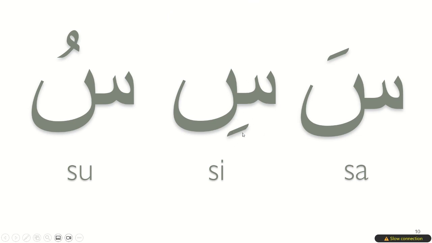Kasra below the letter produces the E sound. Dhamma above the letter produces the U sound. So with Fatha it's Sa, with Kasra it's Si, with ضمة it's Su. So sa si su.